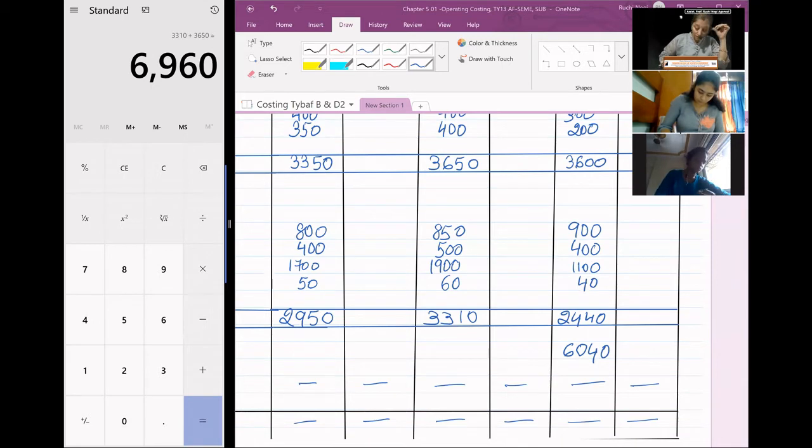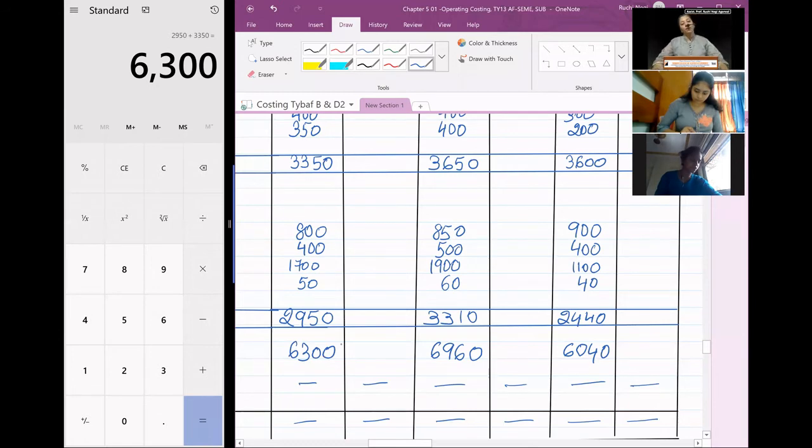Next 6960. Next, 2950 plus 3350, 6300. Okay, so I got my total cost.